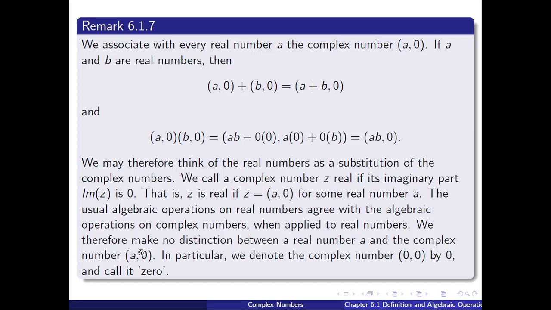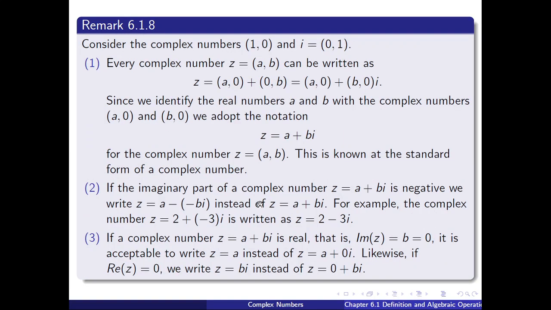So we therefore make no distinction between a real number and a complex number (a, 0). In particular, we denote the complex number (0, 0) by 0 and call it 0.